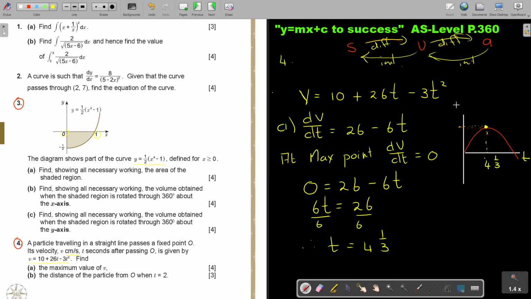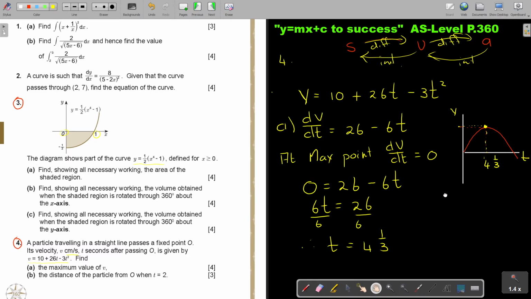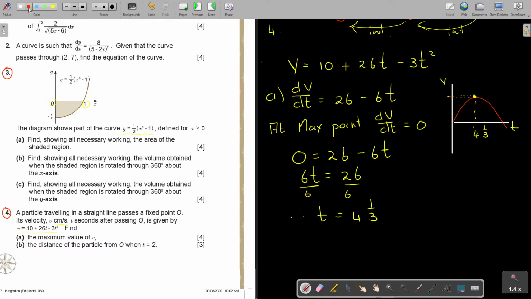That's what I got. But I want v. I differentiated to find that derivative function so that I can find that 4 1/3. But now I actually want v. So I put this in the original equation. It's just like finding that turning point. That's basically what I'm trying to do. I have the x value now, and I want to find now the y value. So take this and put it in the original.